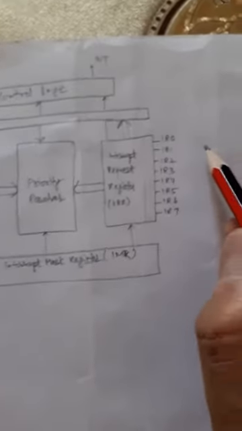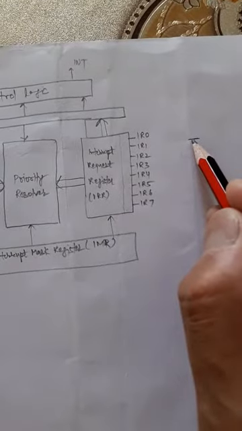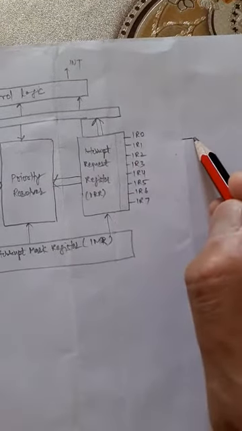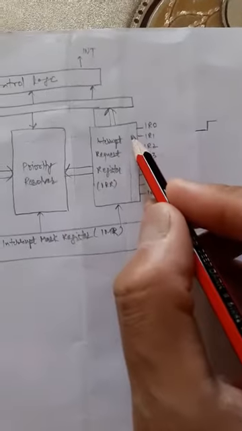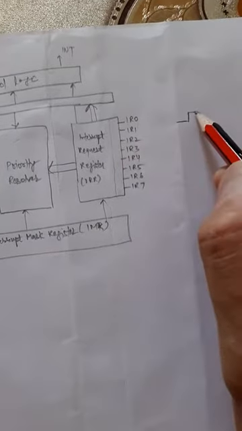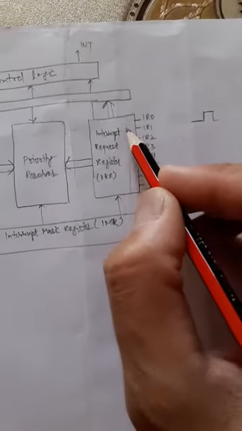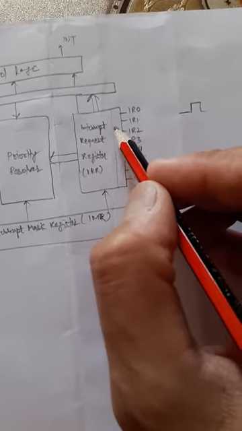Earlier this pin was 0, so this bit was also 0. When this pin gives the interrupt, it becomes 1, and the corresponding bit also becomes 1. After giving the interrupt, suppose the pin becomes 0, this bit will not become 0; it will remain 1.